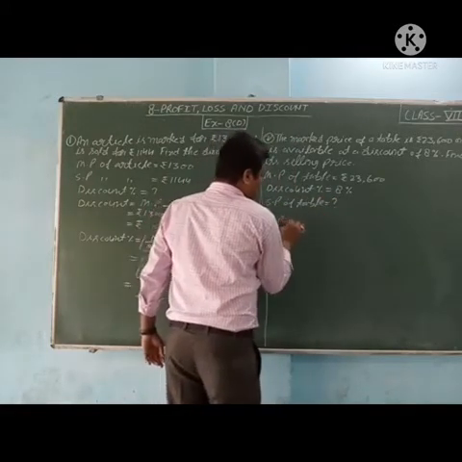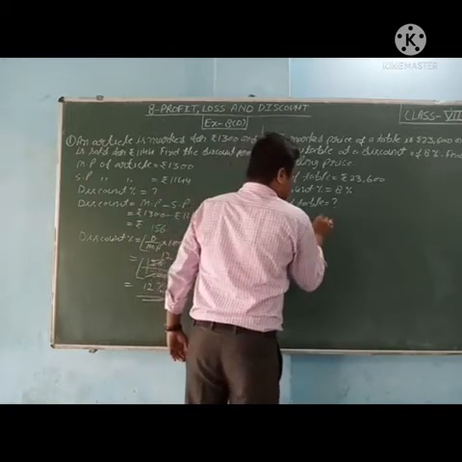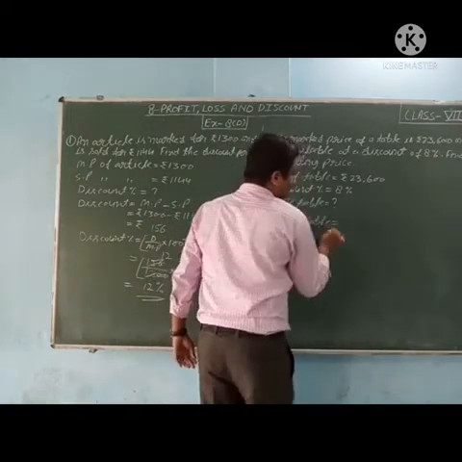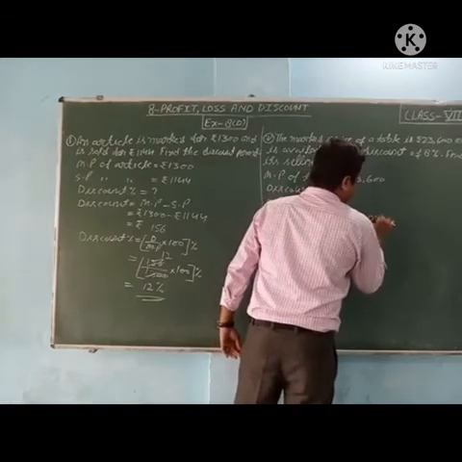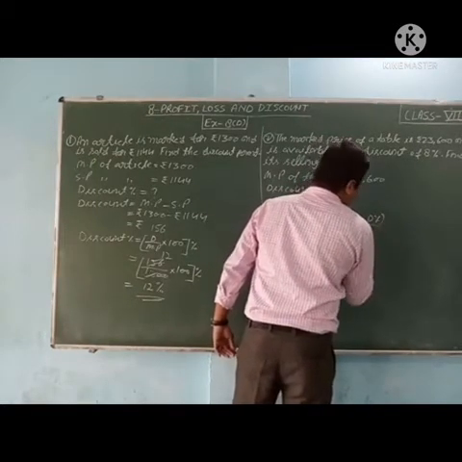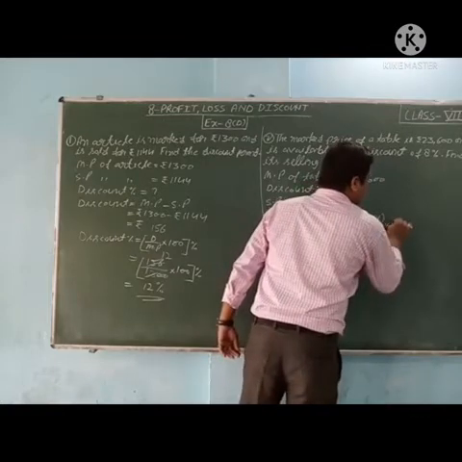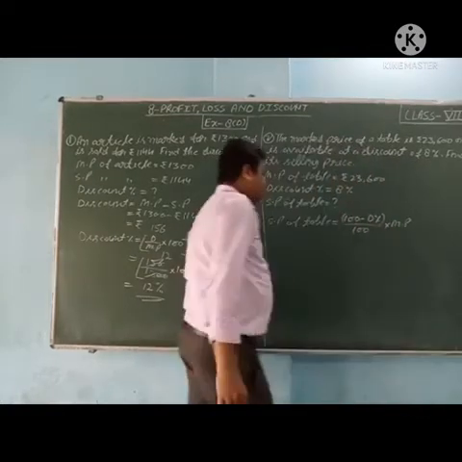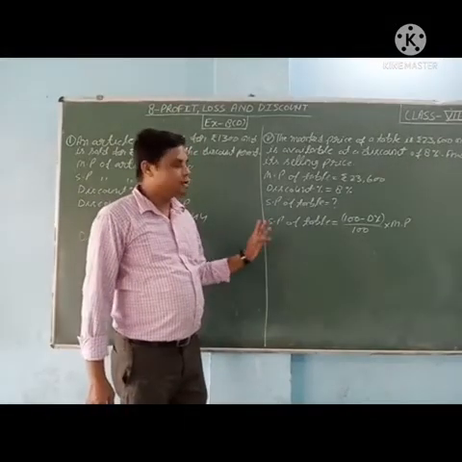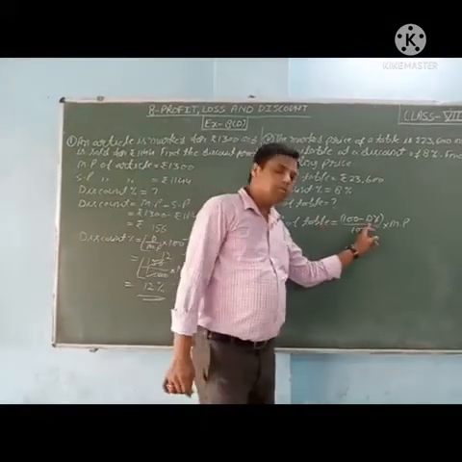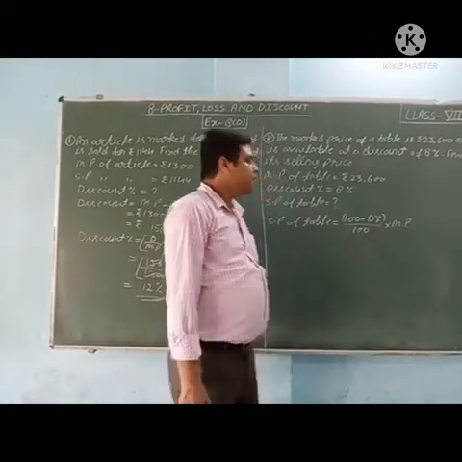Selling price of table is equal to, formula is (100 minus D percent) upon 100 multiplied by P. Listen again, formula of selling price when discount percent and mark price is given: (100 minus discount percent) upon 100 multiplied by mark price.